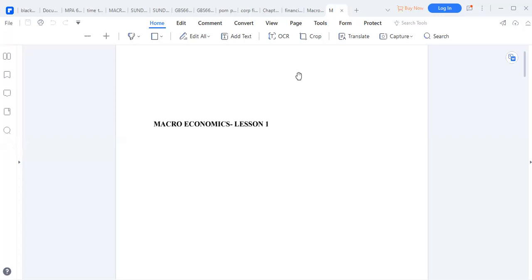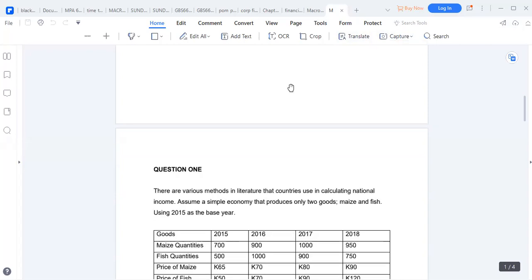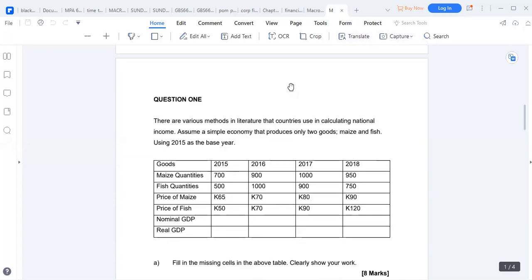Okay, so we are now looking at macroeconomics, lesson 1. In particular, we are looking at the gross domestic product, the GDP, the nominal GDP, the real GDP.